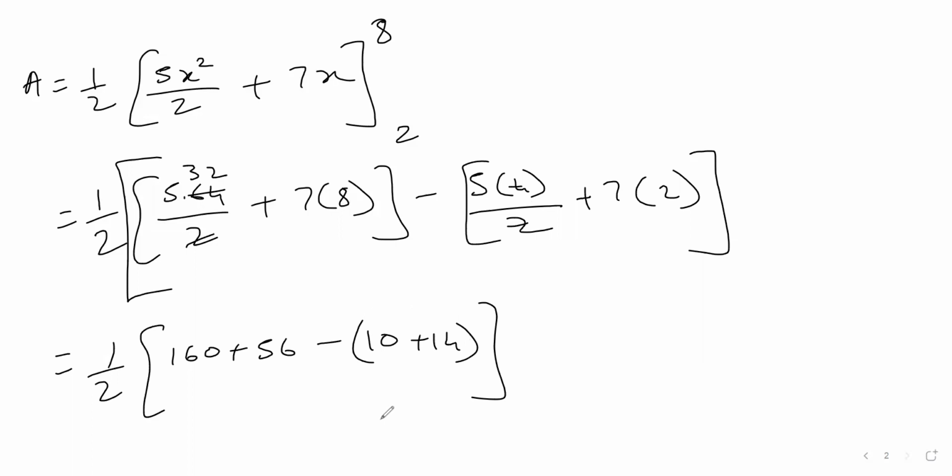It's 160 plus 56 minus 24 is 192. So it is 1 by 2 into 192, divided by 2 is 96. So the area is 96 square units.